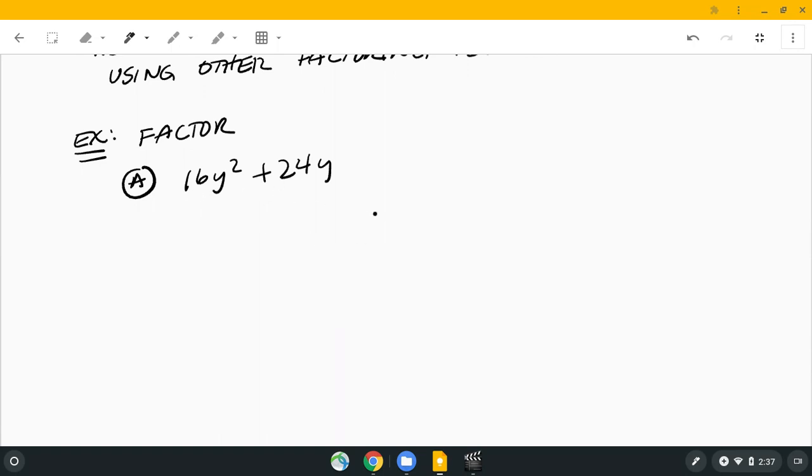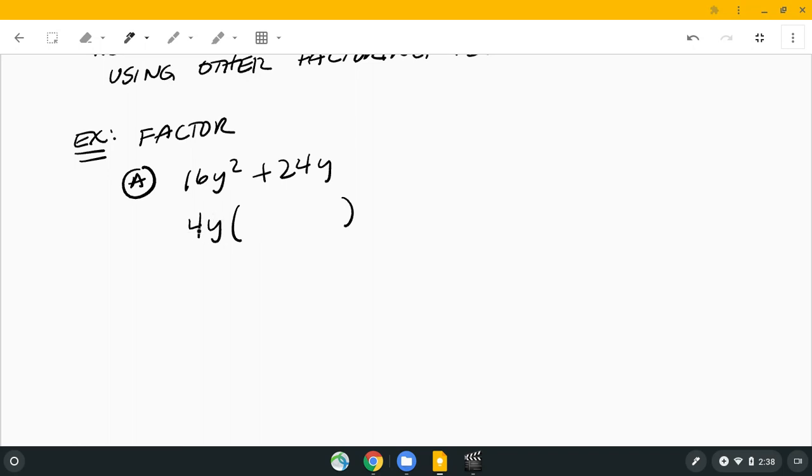Okay, let's suppose we didn't see the 8. Let's suppose that you guys saw 4. Okay, and then they also have a y in common, but only one y, because you have 2 here, but you only have 1 here. So they only have one y in common. All right, so you would factor that out. Okay, and then you would try to figure out what goes in here to get this back.